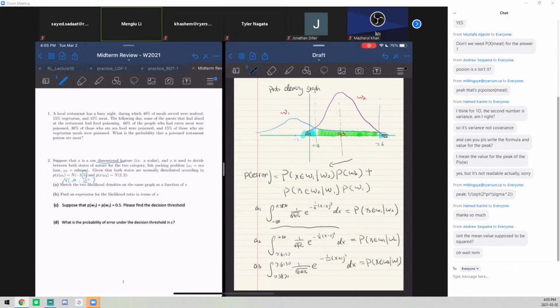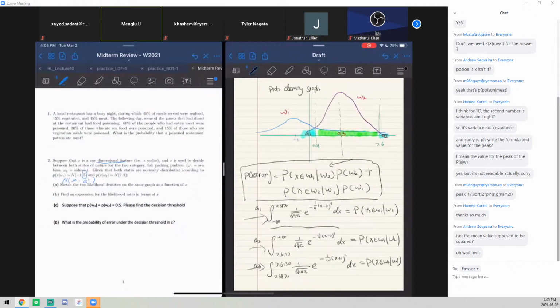So we put these three equations back into this equation, and we know P(w2) and P(w1).